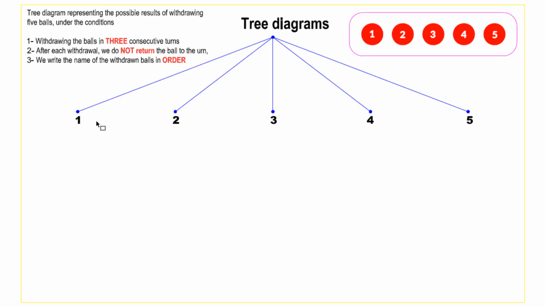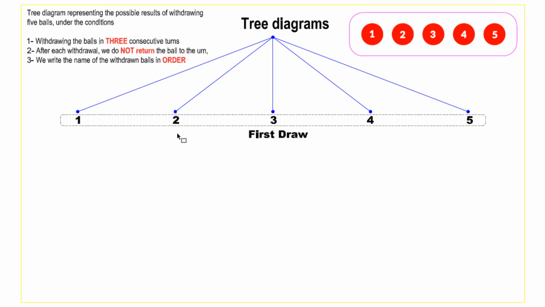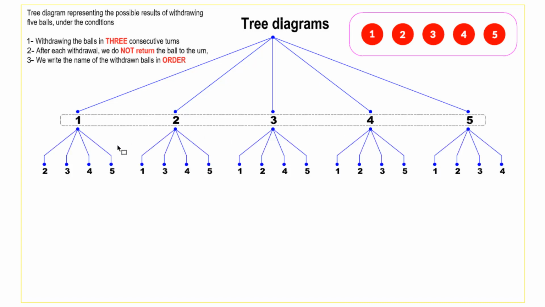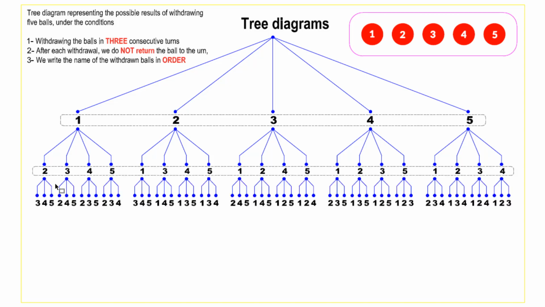It is permutation without replacement, but why we are repeating it here, we are going to see. So in the beginning, we may withdraw any one of these 5 objects, and that is the first draw. And for the second draw, there are only 4 objects available out of the 5 because we are not returning the object to the urn. And in the third withdrawal, we have only 3 objects remaining because 2 objects have already been withdrawn, and this is the third draw.